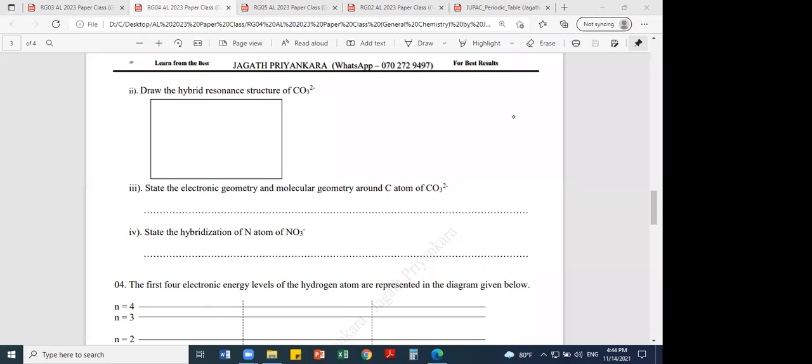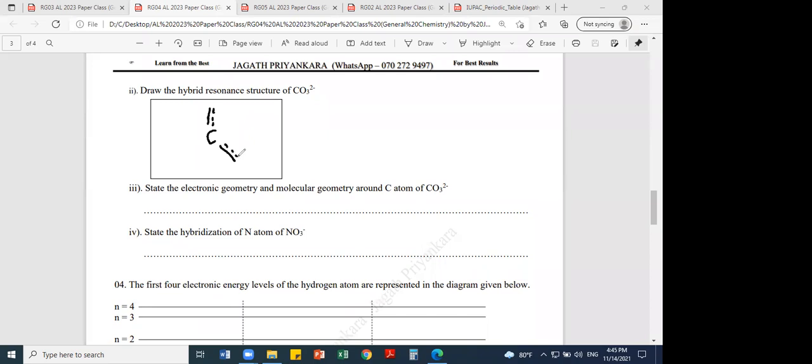Then the resonance hybrid. Okay, no problem. Carbonate hybrid. I'll draw this outside now, because I can draw inside the cage also. Carbon. This double bond is possible in all three places. So the actual structure is not one double bond.